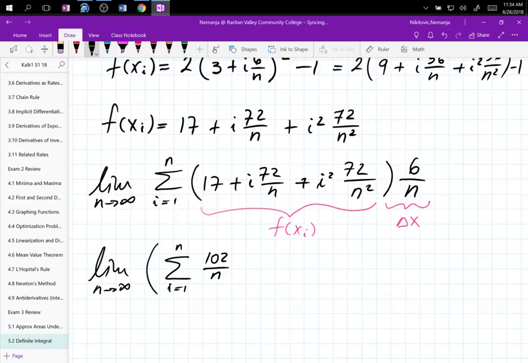Let's say it's 102. 102 over n, because 6 times 17, right? That's 60 plus 42. Yeah, it's 102. And then we have plus i, 432. This is what happens when you pick numbers like this. Plus, oh no, I'm supposed to split this.